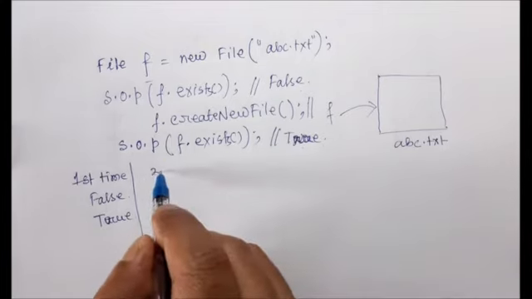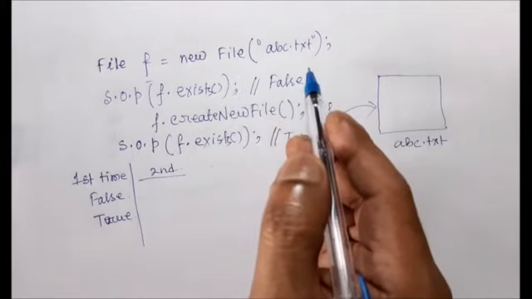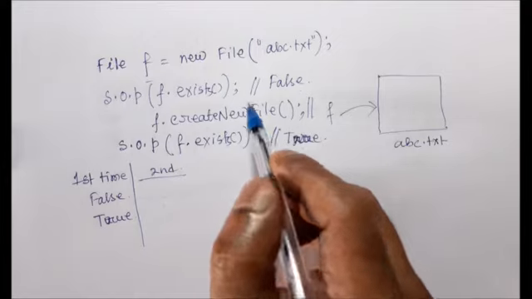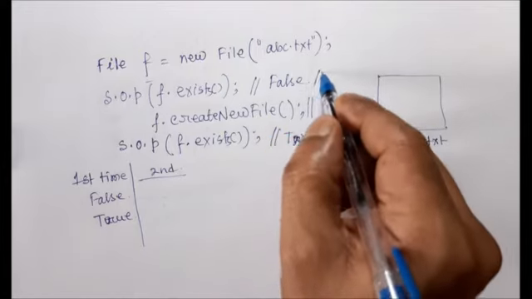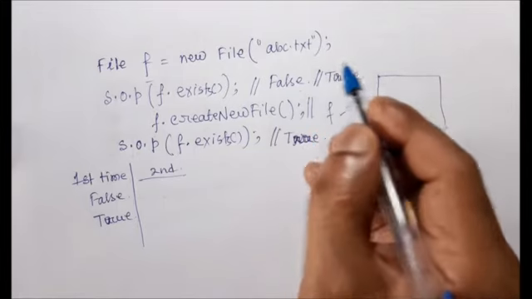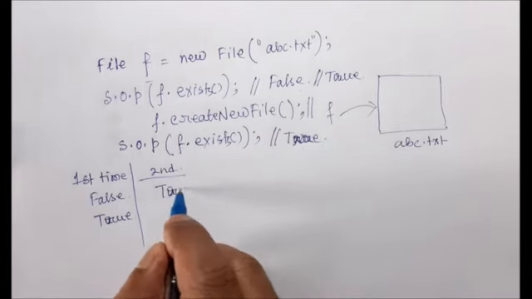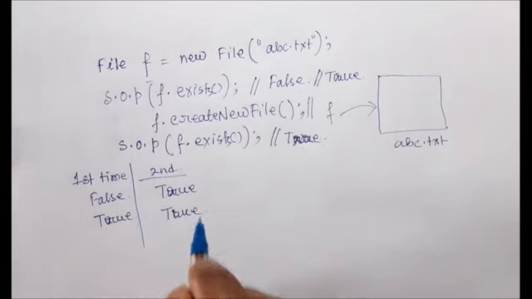Second time, if I run this code once again, the file is already created, because I have already executed this line once. So I will get true and true, because the file is already present in my directory.